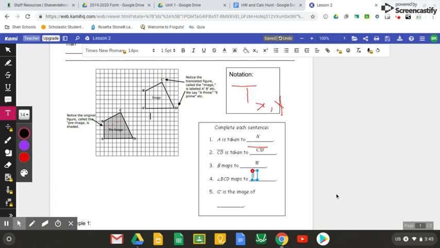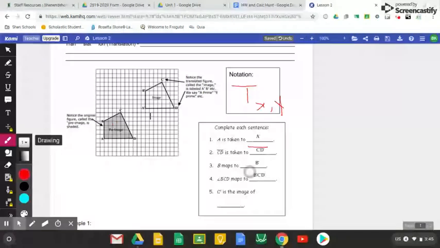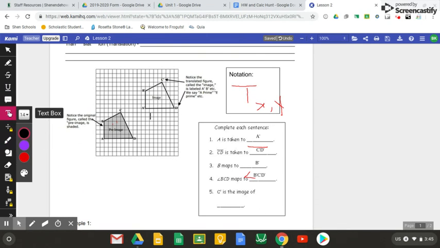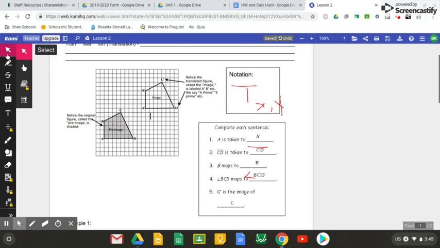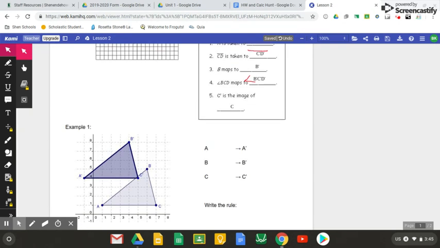Angle BCD maps to angle B prime, C prime, D prime. I'm just going to throw the angle sign in front of there. And then backwards, reverse, C prime is the image of C. All right. So segments map to segments, points map to points, and angles map to angles.